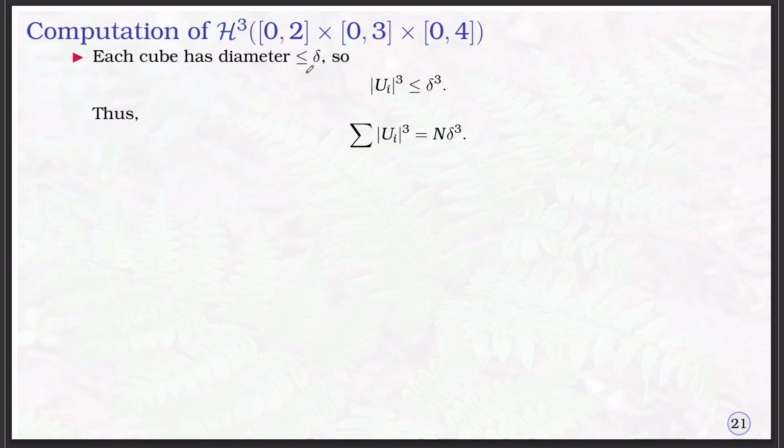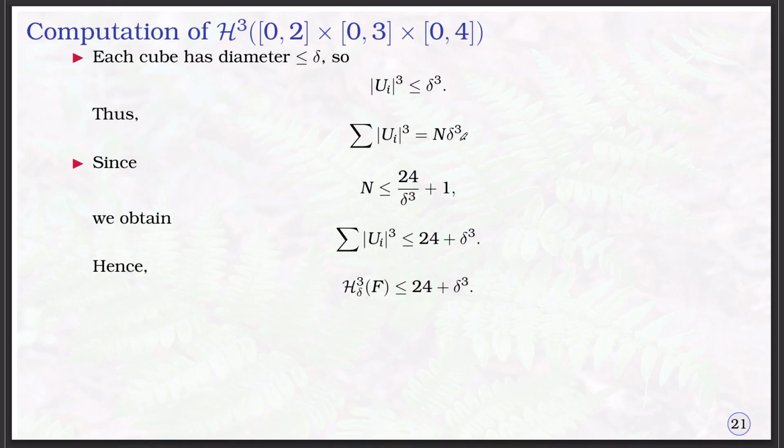Then each cube has diameter less than or equal to delta, so mu I power 3 is less than or equal to delta power 3. Thus the sum of mu I power 3 equals n times delta power 3. Therefore n is less than or equal to 24 over delta power 3 plus 1. Then we obtained the sum of mu I power 3 is less than or equal to 24 plus delta power 3.